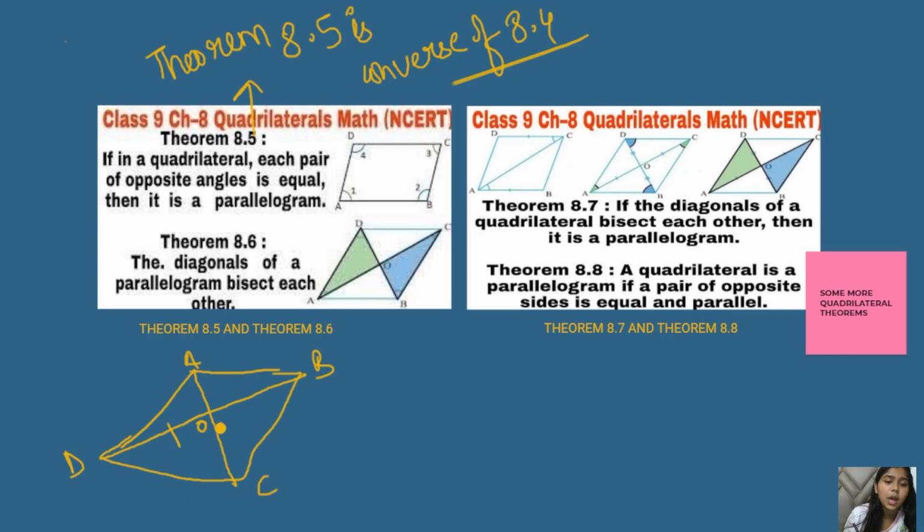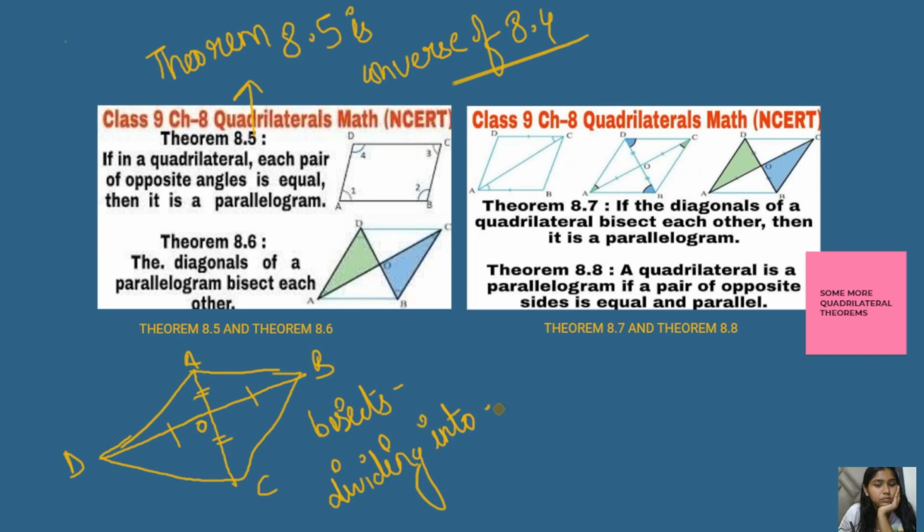It means DO is equal to BO and AO is equal to OC. This is what is meant by theorem 8.6, that they bisect. What do you mean by bisects? Dividing into equal parts. This is the meaning of bisection.